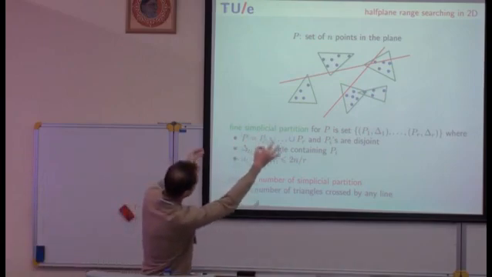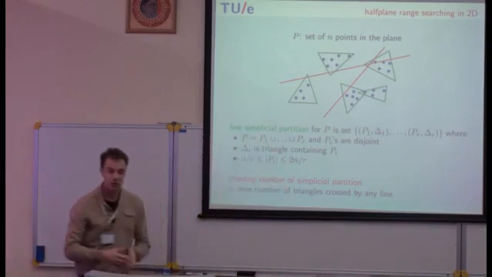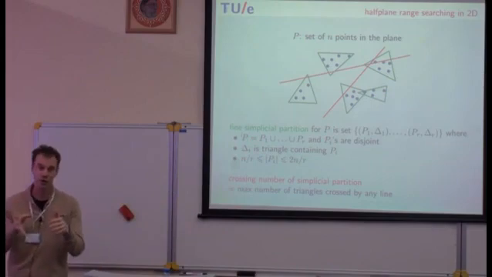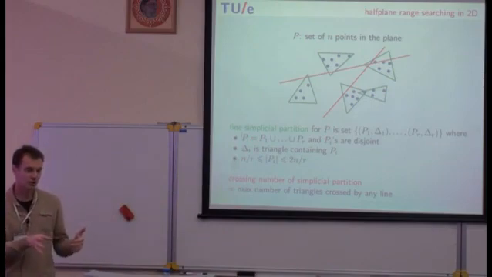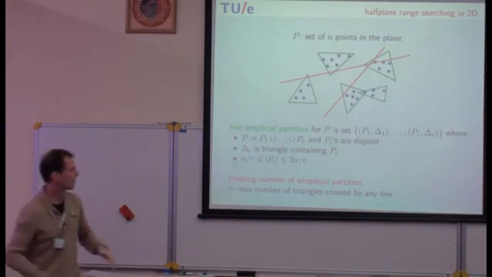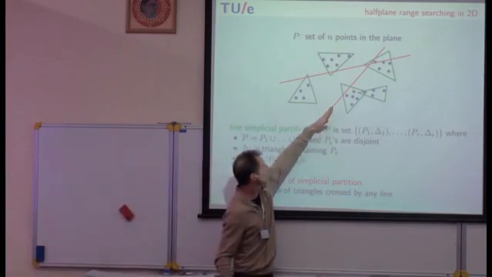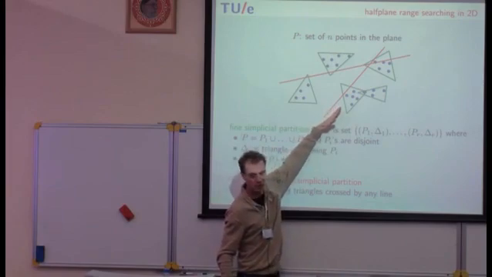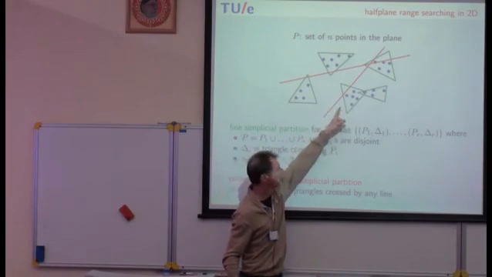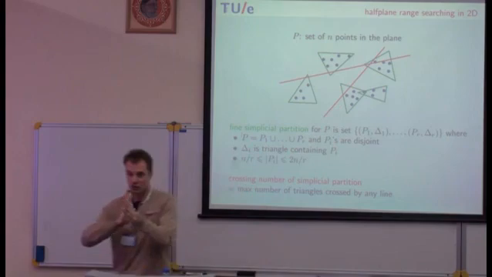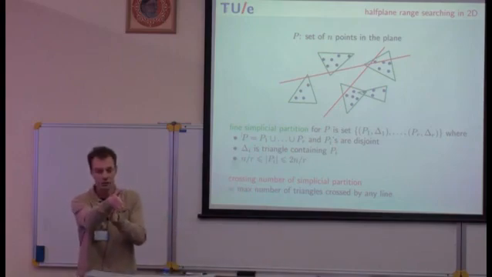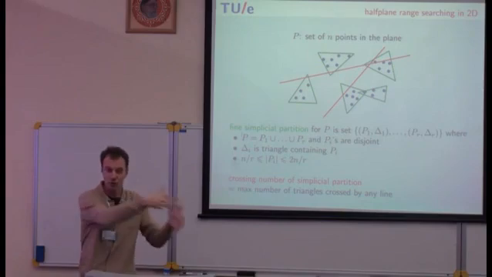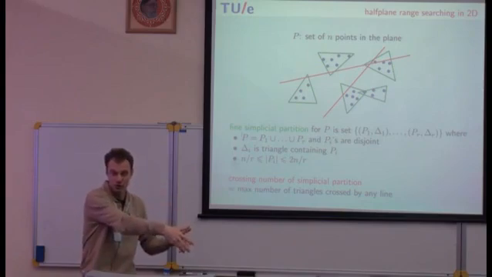If you think about how we're going to use it, then if we do a query with a half plane where this line is the boundary, then for all the triangles that are crossed by the line, there could be points inside or outside, so we will have to recursively search in those triangles.